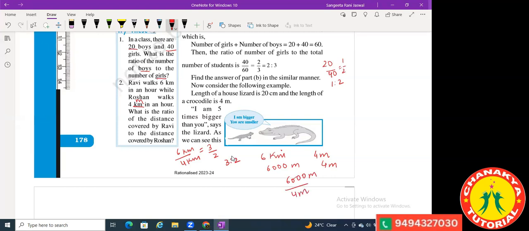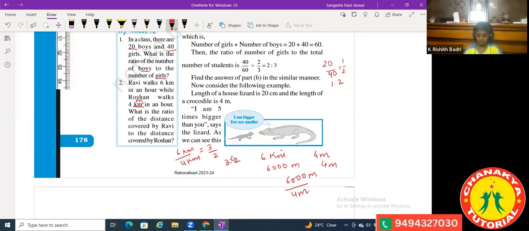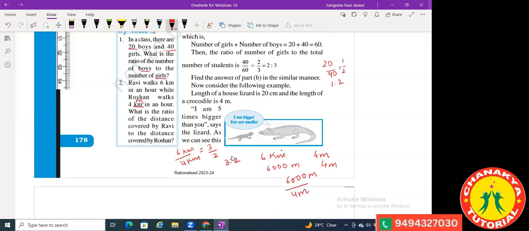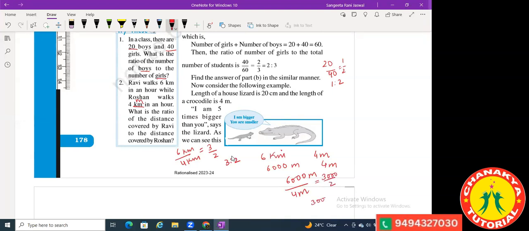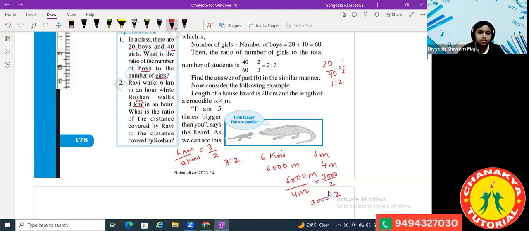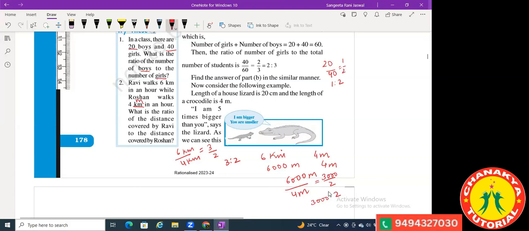With this, what ratio will you get? 3000 is to 2. Great. You can reduce it further also, 1500 is to 1.